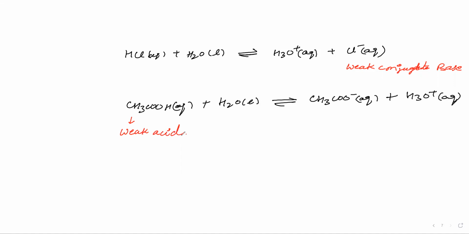So it will form a very strong conjugate base. The conjugate base formed by this is this. This would be a strong conjugate base. I hope this concept is clear to you.